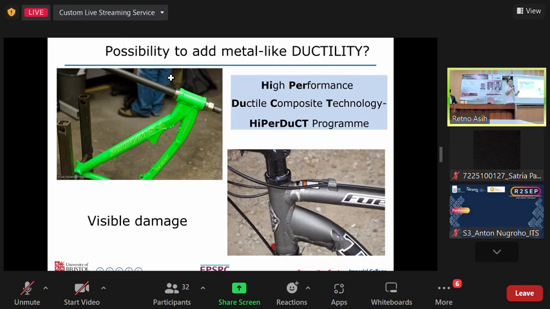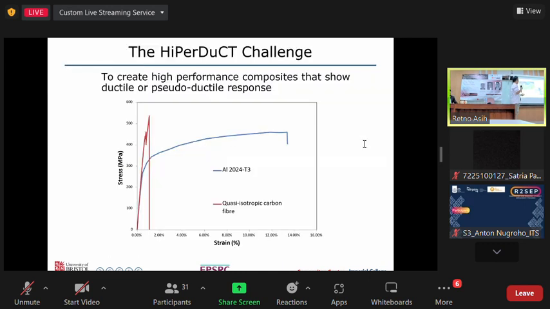If there's physical damage, it means there's an early sign of warning, so we can act, replace those parts, and take the necessary steps. This is an aluminum bicycle. Maybe most of you have an aluminum bicycle. So this is the challenge of the HiPerDuCT program.